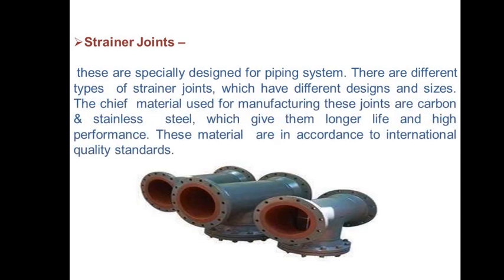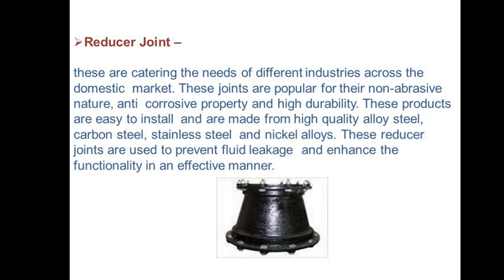Then the strainer joint. These are specially designed for piping systems, and there are different types of strainer joints which have different designs and sizes. The materials used for manufacturing the joints are carbon and stainless steel, which give them longer life and high performance, and these materials are in accordance with international quality standards. Then the reducer joint. These cater to the needs of different industries across the domestic market.